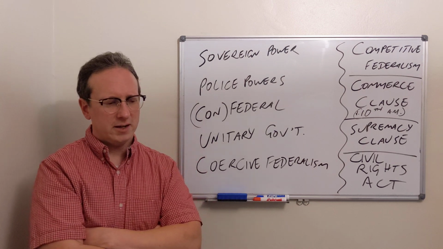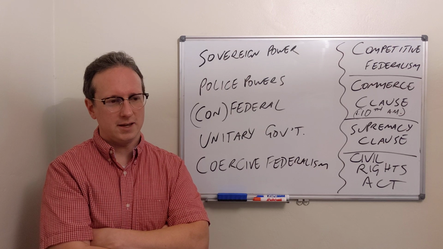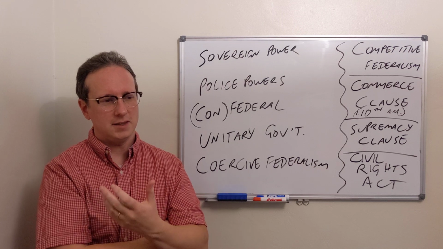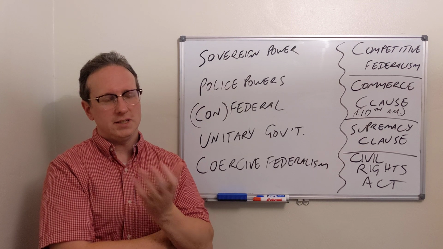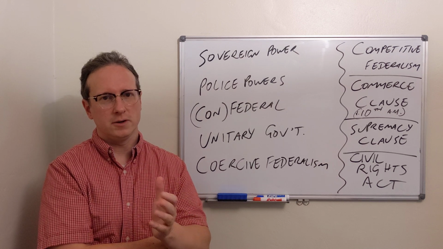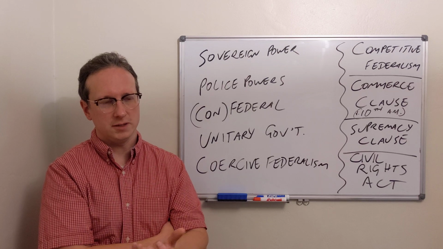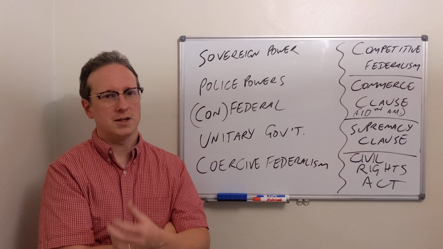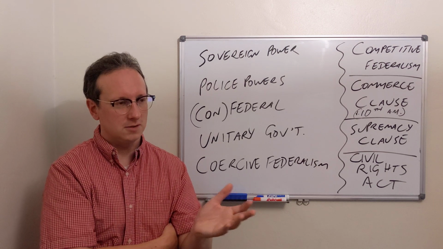And so that has translated today into a meaning that, for example, police are almost entirely at the local level. There are, of course, now a significant number of state police, but traditionally police have been constituted at the local level. So that's one kind of police powers, police forces.